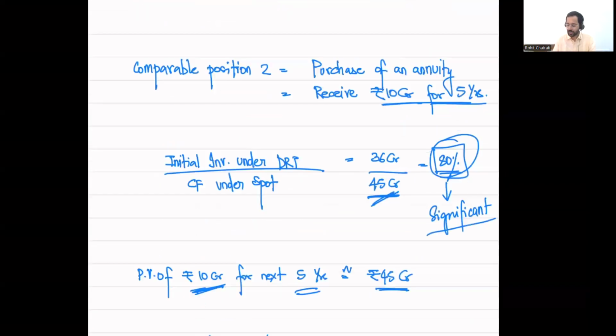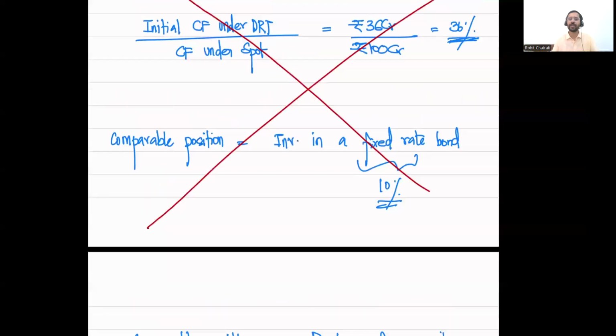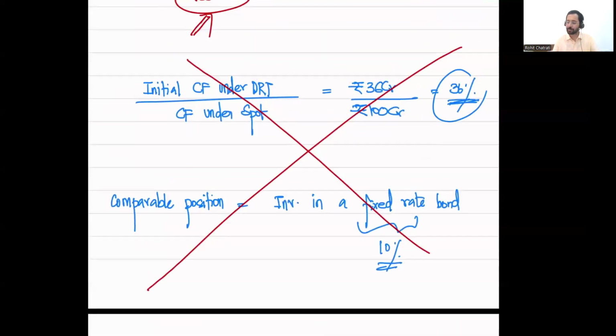So over here in this illustration, there were two comparable positions. One position was an investment in a fixed rate bond. If we use that as a comparable position, the percentage was coming to 36 percentage, which we would have considered as not significant, and we would have said that it is a derivative contract.